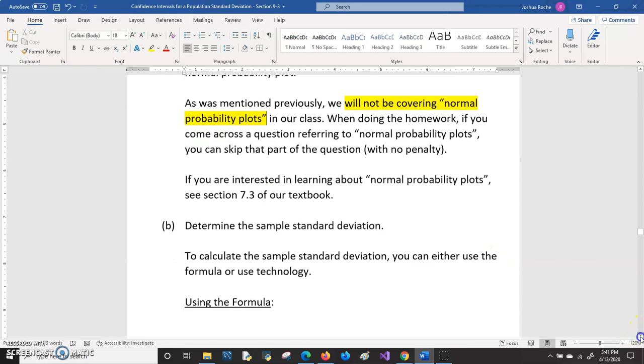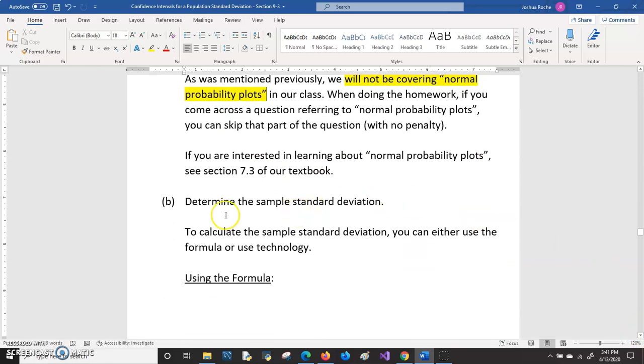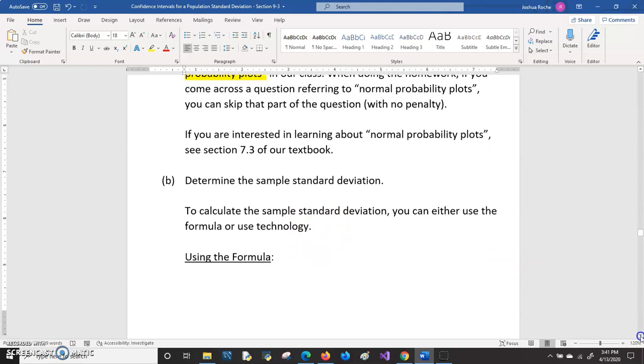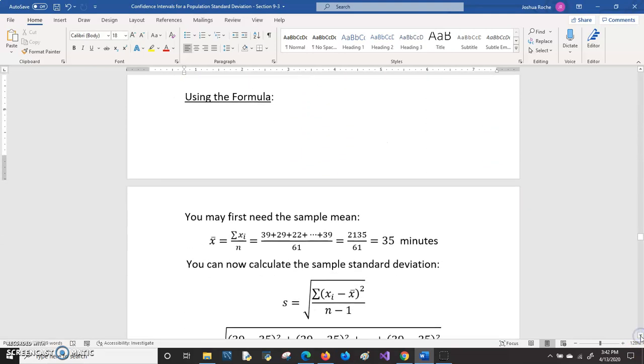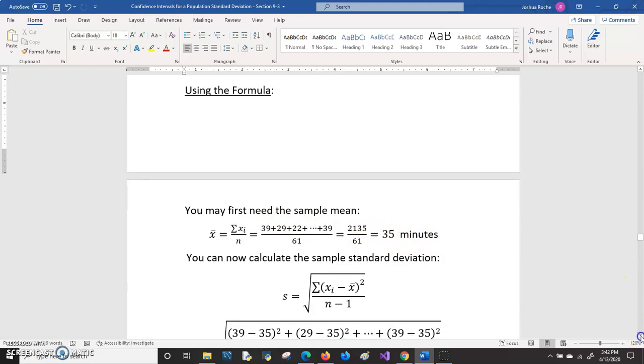So Part B says determine the sample standard deviation. To calculate the sample standard deviation, you can either use the formula or technology. If you were using formulas, you would first need to find the sample mean. The sample mean comes out to 35 minutes.